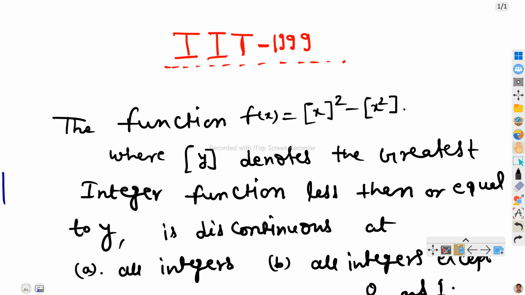We have been given a problem from IIT 1999 to check the continuity of a function. The function f(x) equals the greatest integer function of x square minus the greatest integer function of x square.